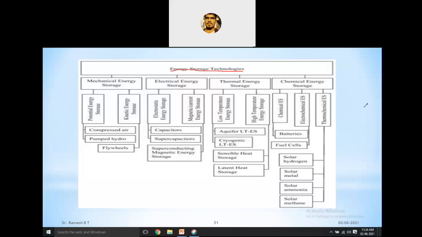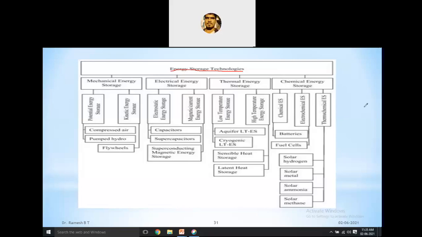First it is in the form of mechanical. If I store that available energy in the form of mechanical, we know what is meant by mechanical. Mechanical means movement, whether rotations or linear motions, it is called mechanical storage. You just observe your watch.